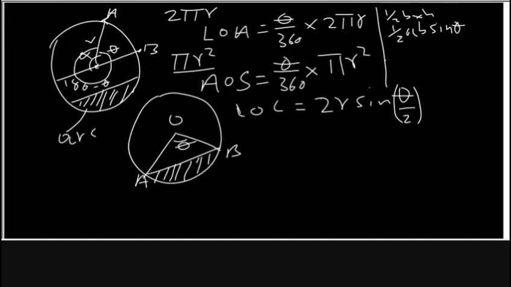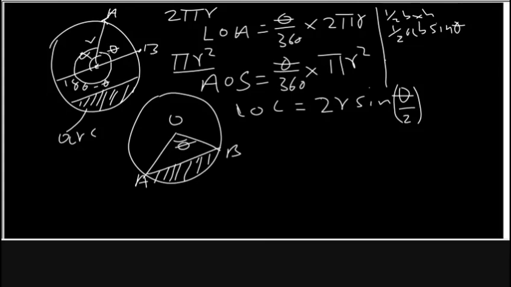Then the third one is Heron's formula. Heron's formula is a situation whereby we have the three sides of a triangle, A, B, and C, which we use to get the semi-perimeter of that triangle.